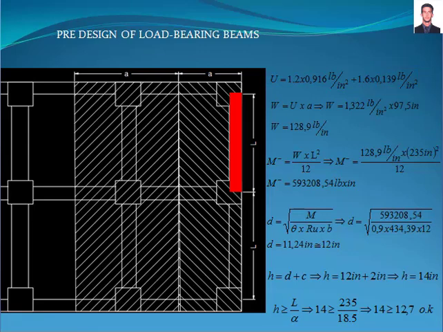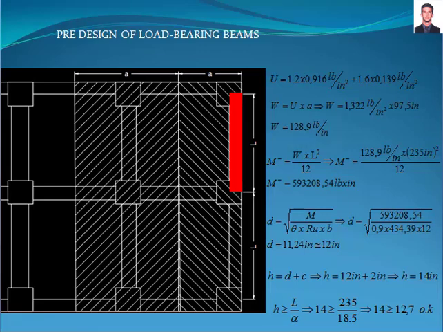Using the load combination equation, 1.2 dead load plus 1.6 live load, the result is 1.322 pounds per square inch. The half distance of the orthogonal direction of the beam span is 97.5 inches. Factored load per unit length W is 128.9 pounds per inch.